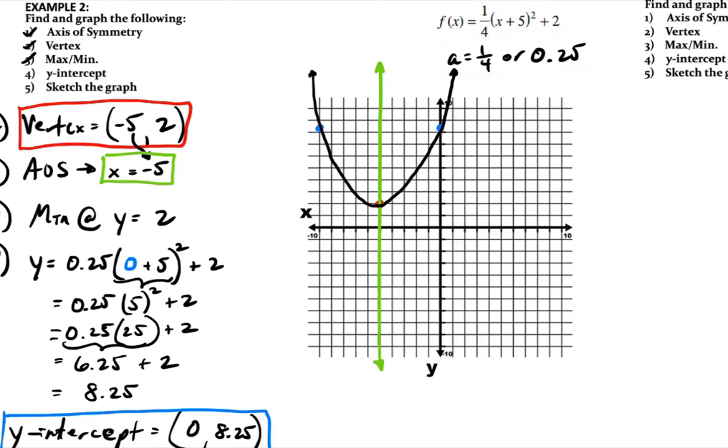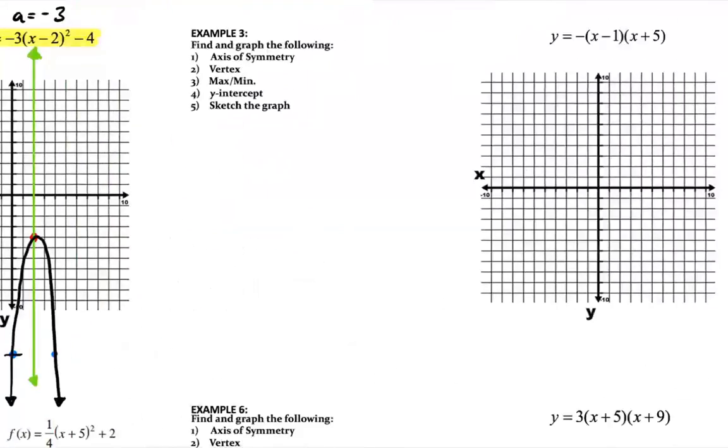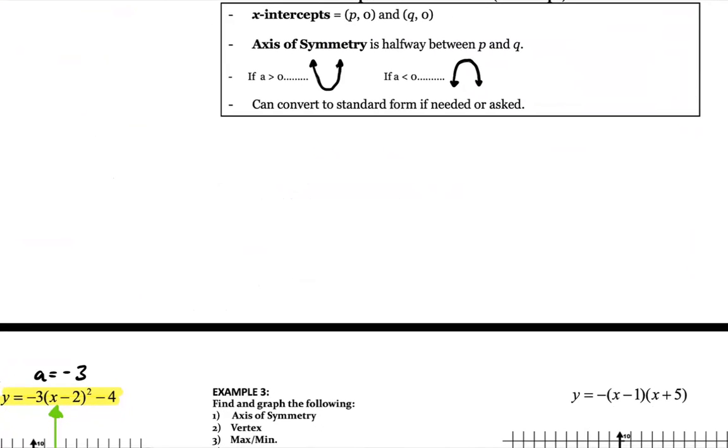Okay, so let's write that down. I'm going to write it down in the front, right underneath where I have all this stuff down. If A is a fraction or decimal that's less than 1, so it can't be like 5.8. It has to be a decimal that's smaller than 1, or a fraction smaller than 1.